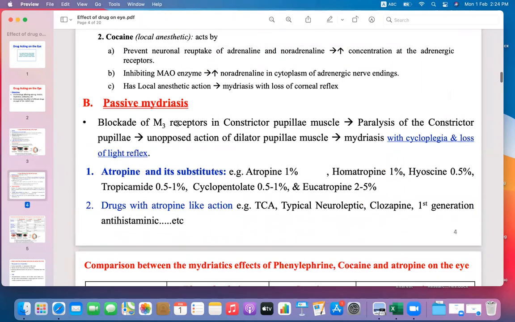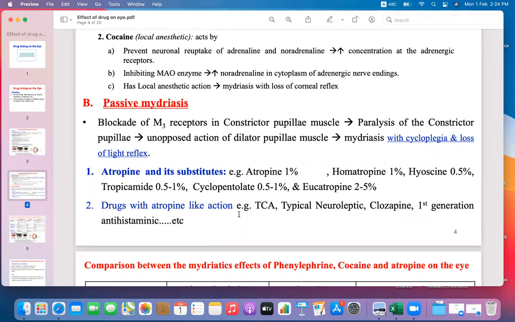Examples of passive mydriasis are atropine and its derivatives: homatropine, hyoscine, tropicamide, cyclopentolate, and eucatropine. These are responsible for passive mydriasis.